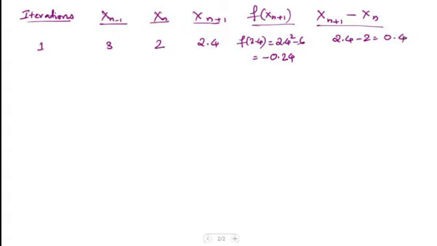For the second iteration, we take the value of xn and make it xn minus 1, and the xn plus 1 now becomes our xn, which is 2.4. Those are the two new values for our formula.